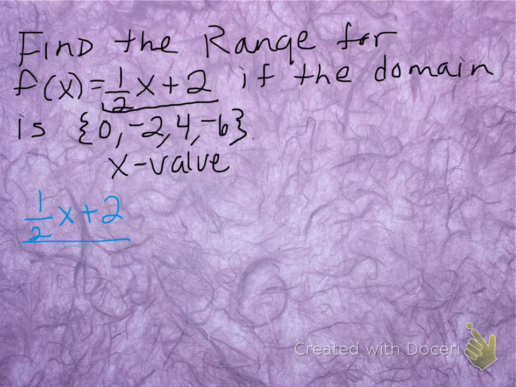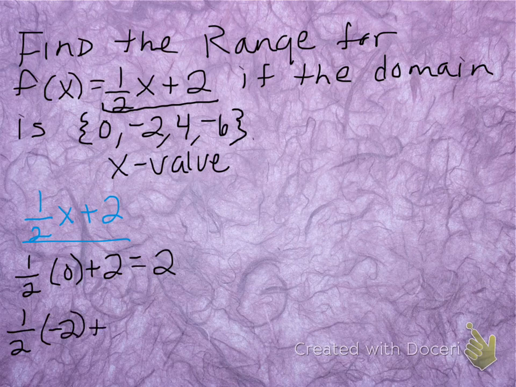So our first value is 0, so we're going to say 1/2 times 0 plus 2. Well, 1/2 times 0 is just 0, plus 2 is going to give you 2. Our next value is -2, so 1/2 times -2 plus 2.